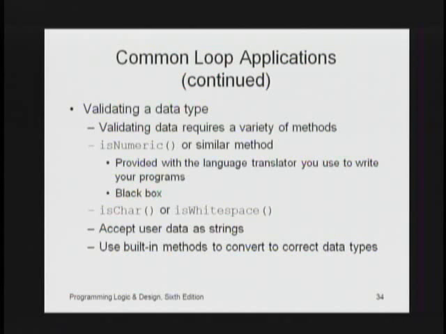Validating a data type. This is something that FreeBasic doesn't really do very well. I was looking today for a function just to see if something's a number. It doesn't seem to be able to handle that. But back in that Windows app we were doing, I still have it out there. We could bring it back up.